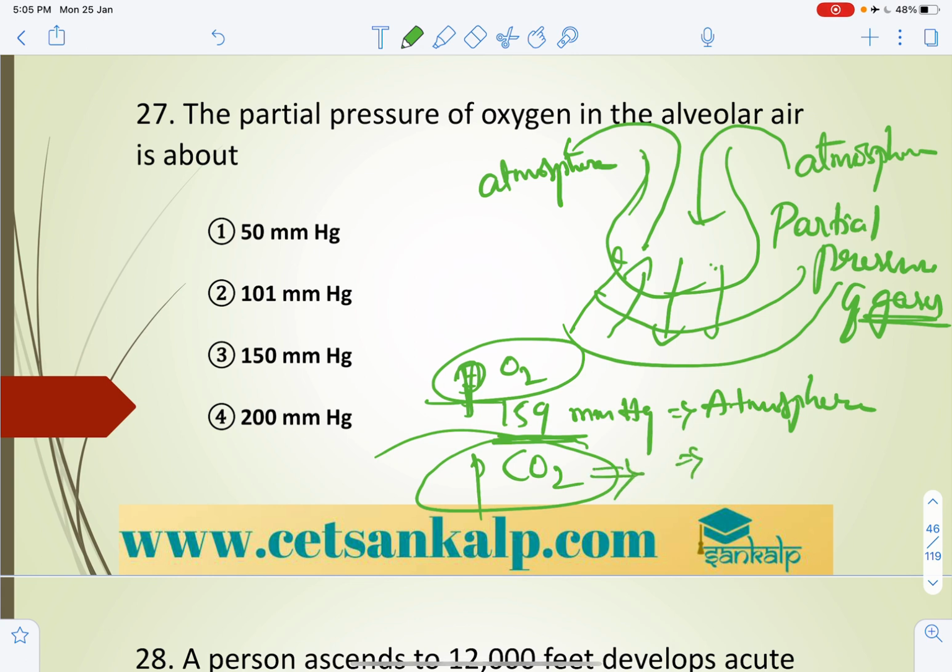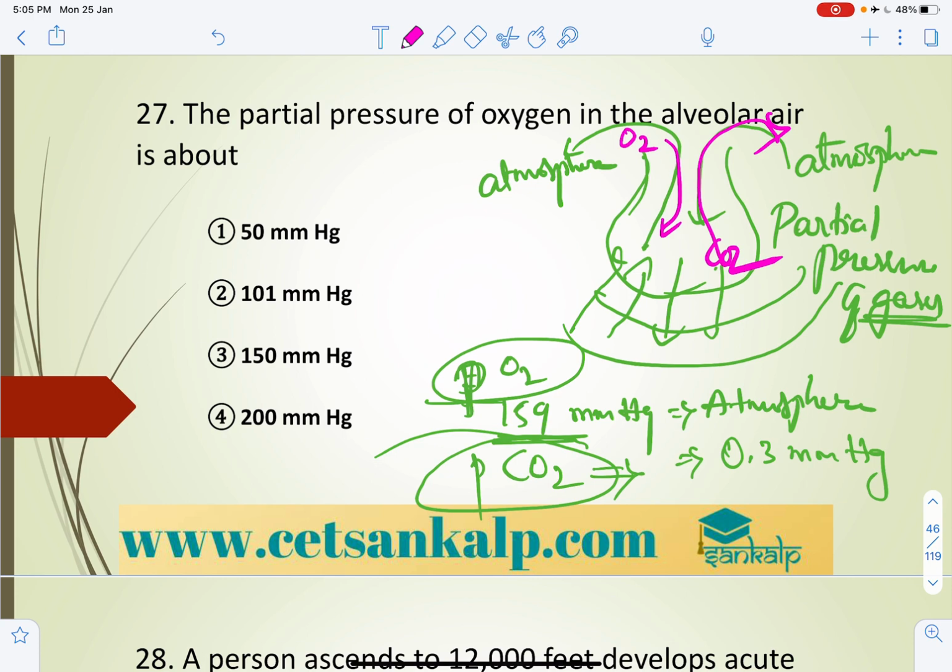In the atmosphere PCO2 is 0.3 mmHg. Hence the oxygen will always move into the lungs, and the carbon dioxide will move out of the lungs.